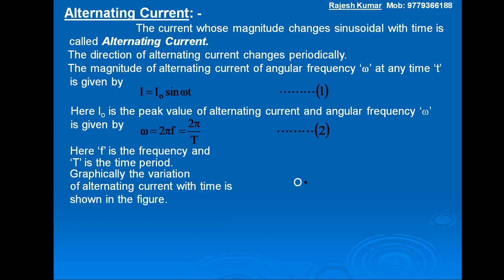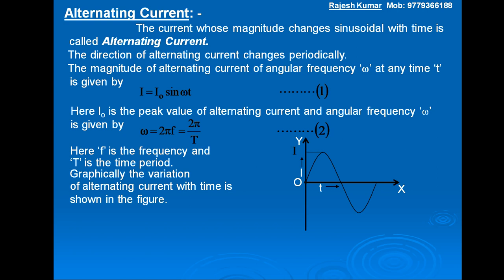So this is the origin, this is x-axis and this is y-axis. Suppose we plot along x-axis time, variable time, and along y-axis variable is magnitude of alternating current. The graph will be a sine curve as shown in the diagram.